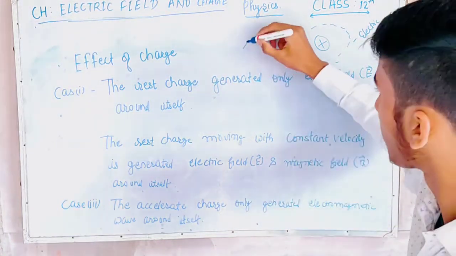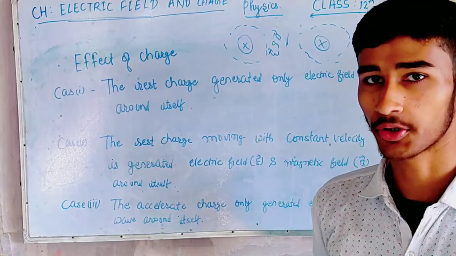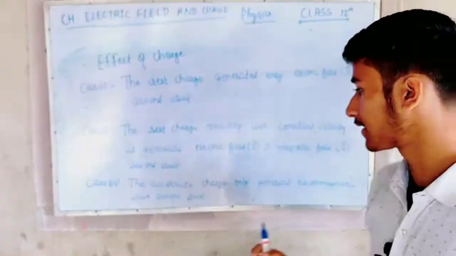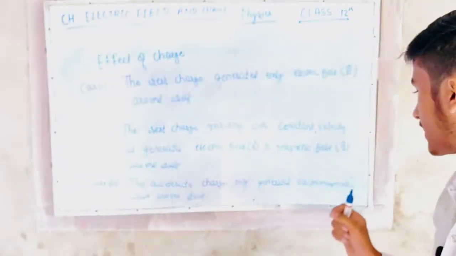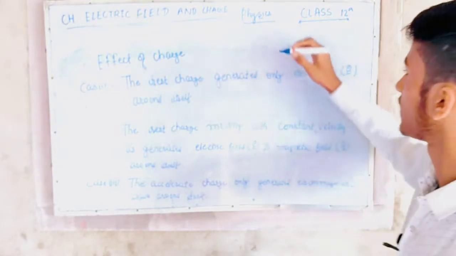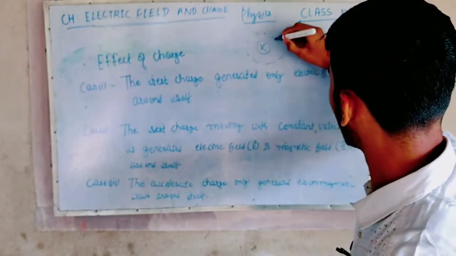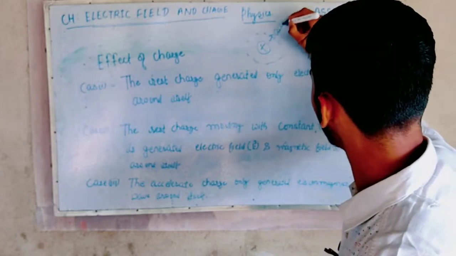So as you can see, both electric field and magnetic field are produced. The third case is the accelerated charge, which generates electromagnetic waves around itself. So as you can see, here is a charge and it produces waves around itself, and this is an accelerated charge.